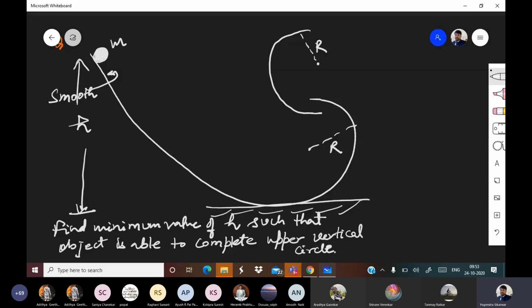I'm calling this point A, and this point B. So applying MEC between points A and B, with a reference line.